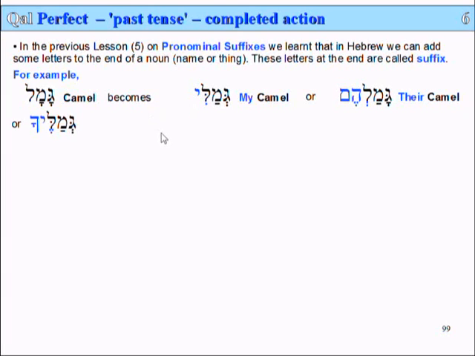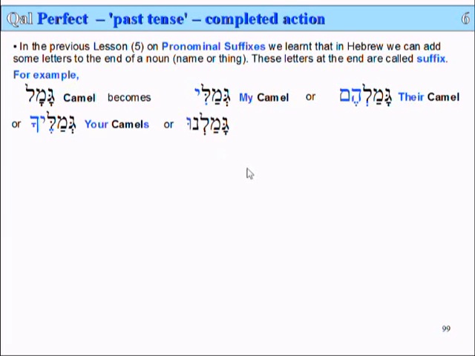Now here's a further example. Gamal becomes gamalecha, your camels. That's plural, your camels.